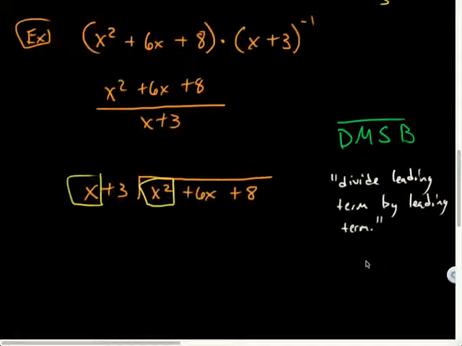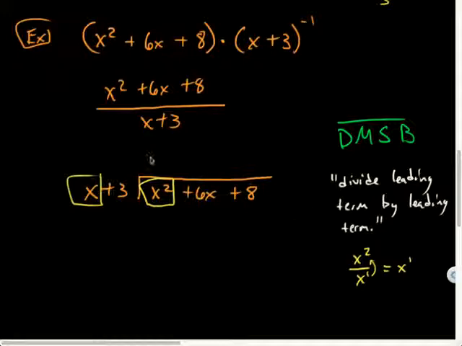One of the things I might suggest is writing some little scrap work on the side. X squared divided by x. It'd be x to the first. Do you guys agree? Subtract those exponents, x to the first. All right. So I divide the leading term by the leading term, and my answer was x.